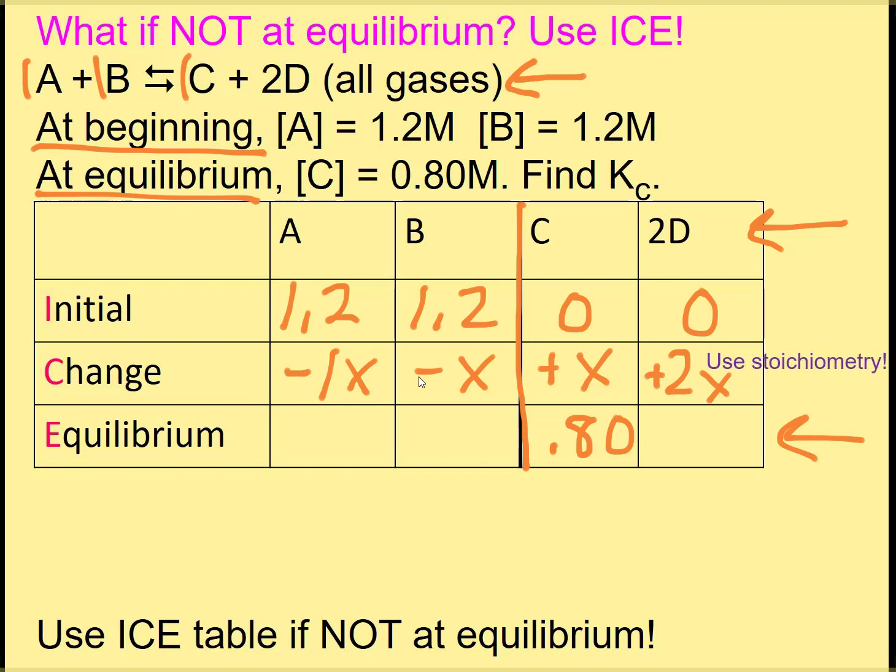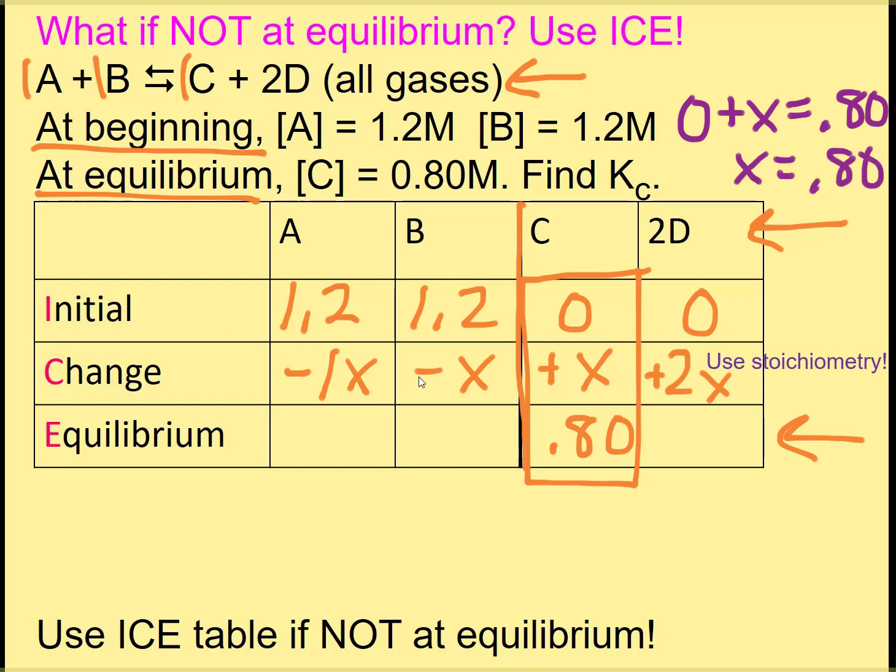From this point, I need to figure out what x is, and I happen to have one complete column filled in. Well, I can do a little algebra problem with this, and I'm going to ask myself 0 plus x equals 0.8. So therefore, what does x equal? Well, x equals 0.8.